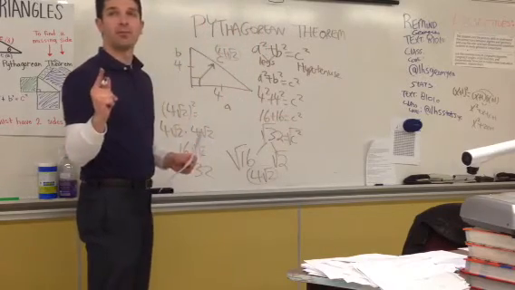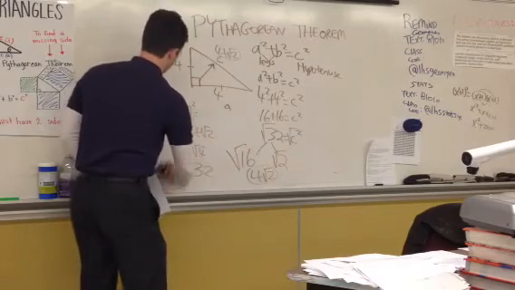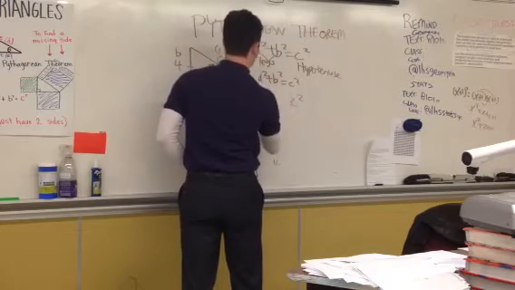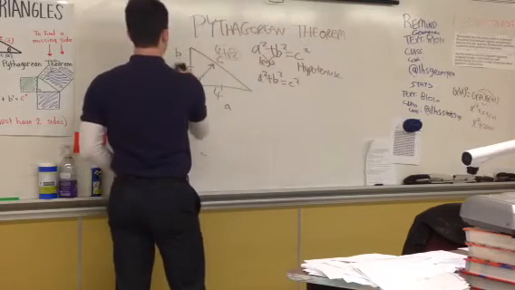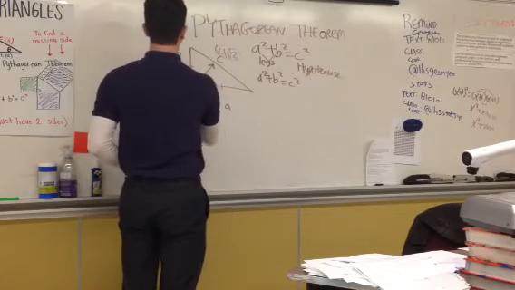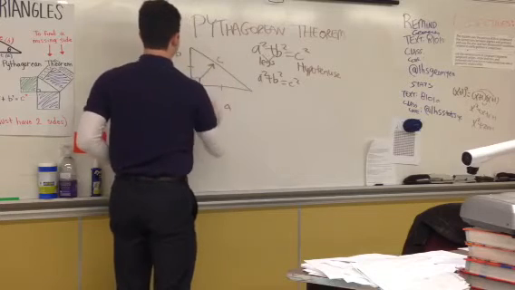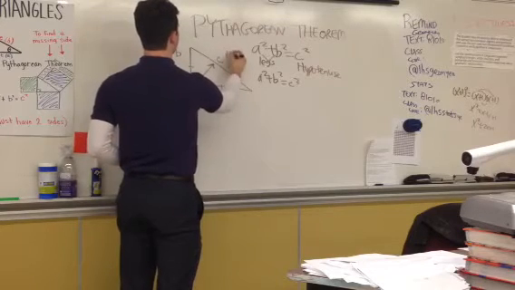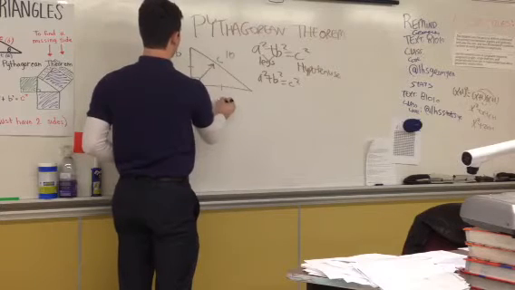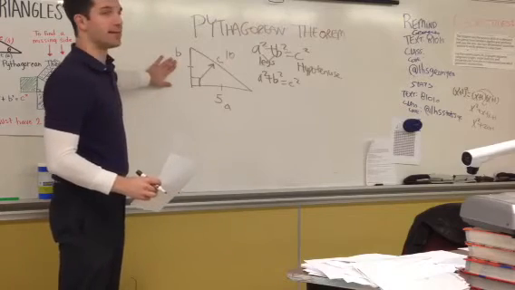Let's do one more example where this time we're trying to find a leg instead of the hypotenuse. Okay, let's say this up here is 10, this is 5, and we don't know what b is, so we're trying to find out what b is now.